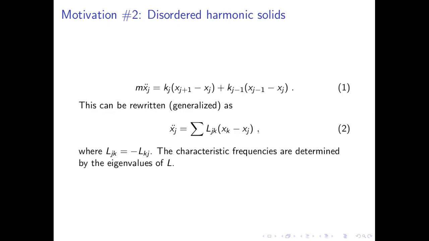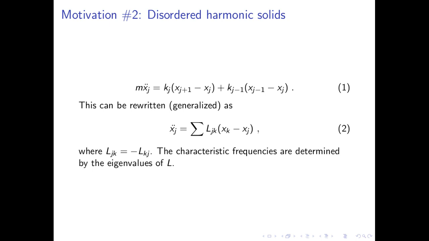They have been used to describe disordered harmonic solids. You can imagine that a harmonic solid is basically a set of balls connected by springs, and when it's random, it means that the spring constants are random variables.